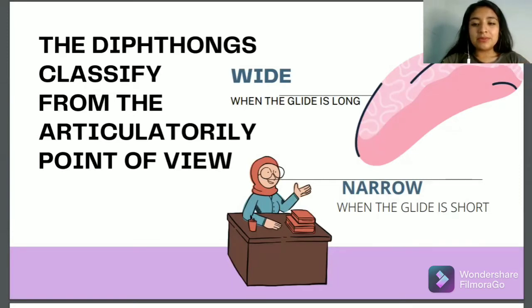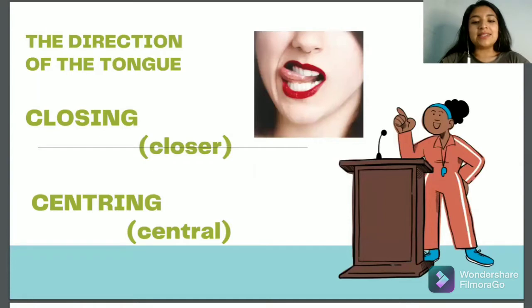The diphthongs can be wide when the glide is long, and narrow when the glide is short. Also, an important aspect is the direction of the movement of the tongue. It can be classified as closing and centering diphthongs. The closing diphthongs involve a glide towards a closer tongue position, and the centering diphthongs involve a glide towards a central position.